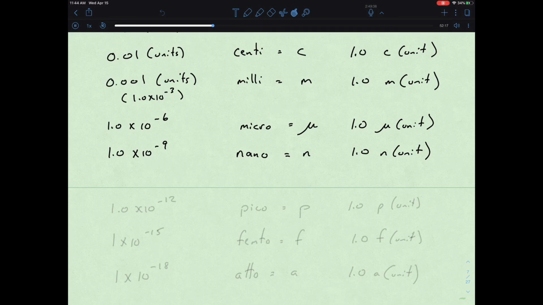And then we can keep going smaller to pico. And then to 10 to the negative 15th, which is femto.